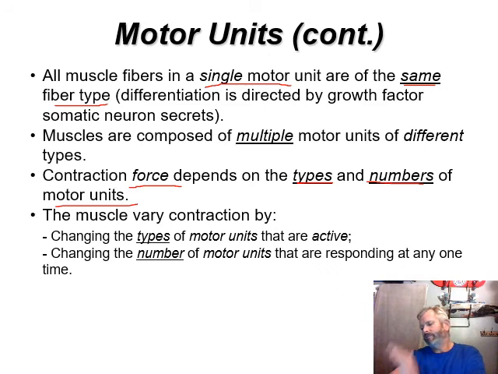How can I vary between lifting a 10-pound dumbbell and lifting a 30-pound dumbbell? I can change the types of motor units I activate. When I do the 30, I can start activating more fast twitch muscle fibers, because they are more forceful. They create a greater force of contraction and more quickly. And I can also change the number of motor units that are responding.